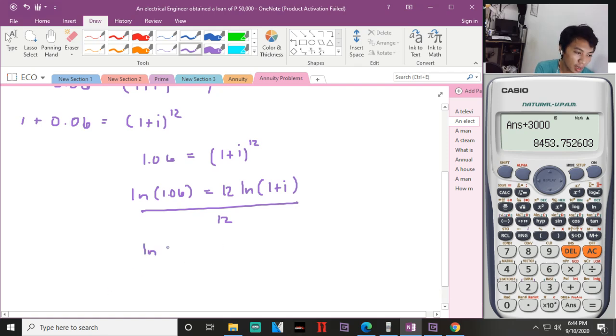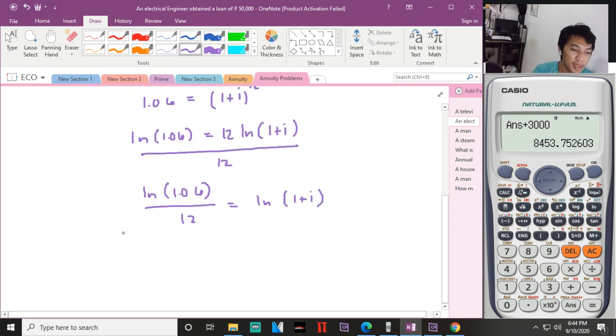So, ln ni 1.06 over 12 equal to ln ni 1 plus I. Para ma-cancel natin si logarithm nitong isa, since hindi natin ito ma-cancel, all we have to do is to raise both sides by E. So, this will be E raised to ln ng 1.06 divided by 12. Okay, natanggal na si ln. So, ilipat ko na lang si 1, minus 1 equal to I.